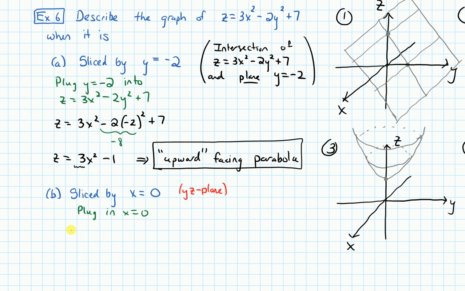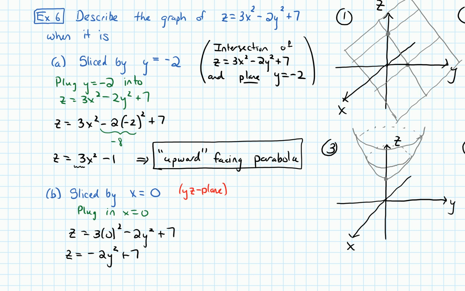So this gives me z equals 3 times 0 squared minus 2y squared plus 7. Or simplifying, z equals negative 2y squared plus 7. So this is another quadratic, so another parabola shape.